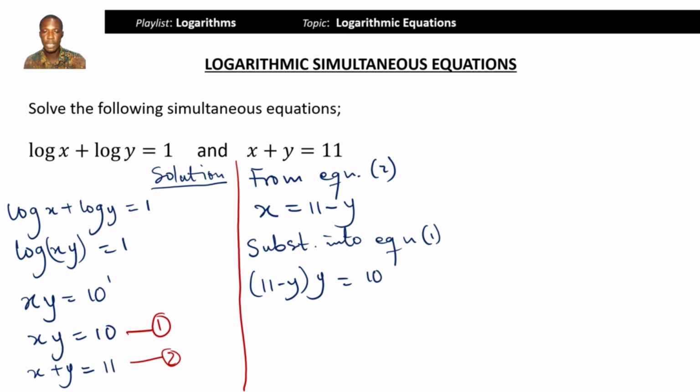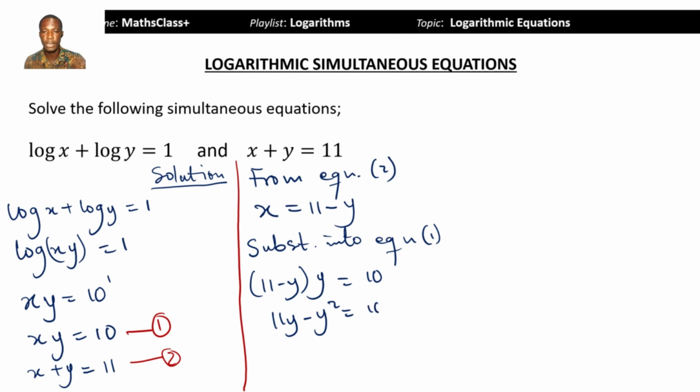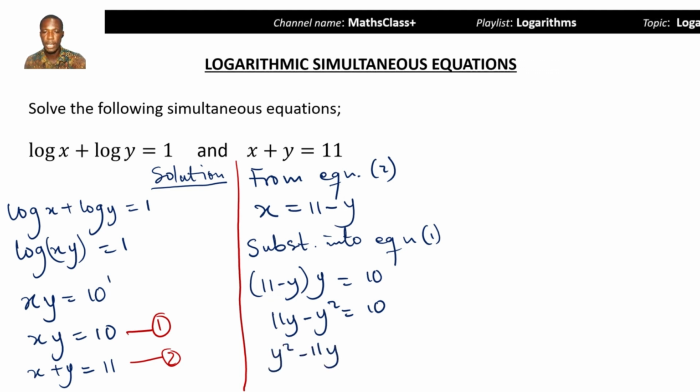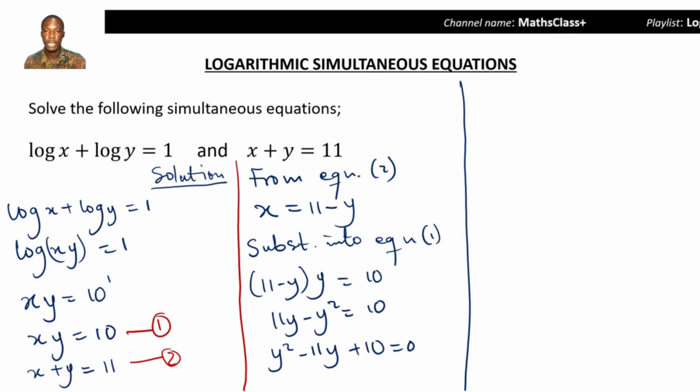So that gives me 11y minus y squared is equal to 10. If I rearrange, I'll have y squared minus 11y plus 10 is equal to 0. Now I'm going to solve the quadratic equation obtained.